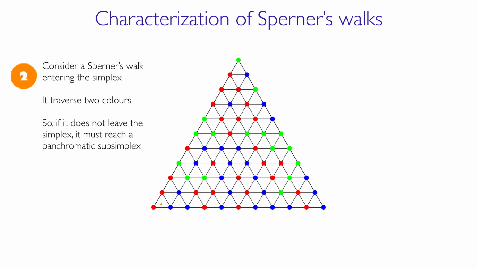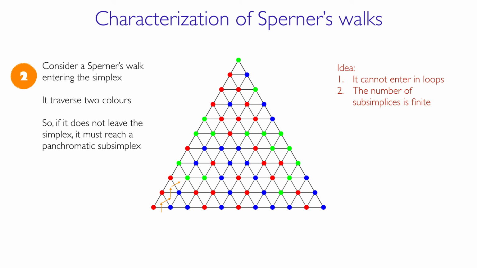Here the second class. Consider again a Sperner walk entering the simplex. If the walk does not leave the simplex, then it must reach a panchromatic subsimplex. Here an example. We need to prove that if a walk enters the simplex and does not leave it, then it terminates in a panchromatic subsimplex.